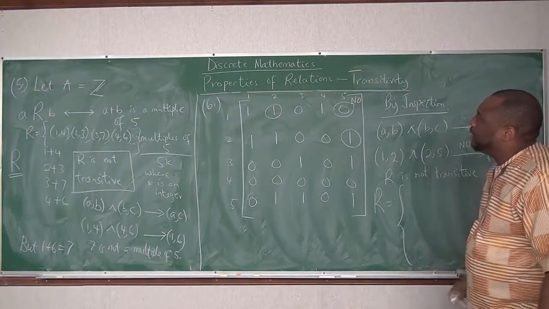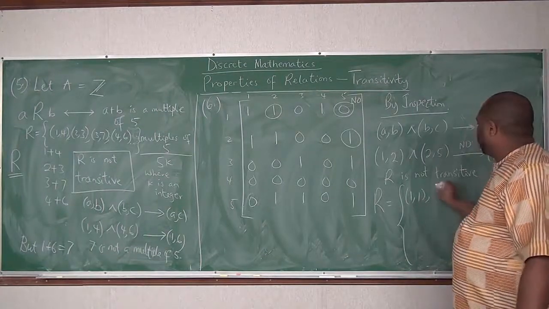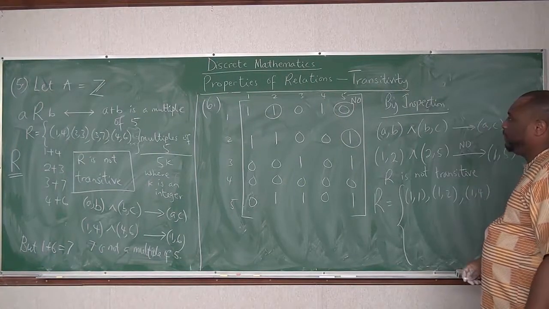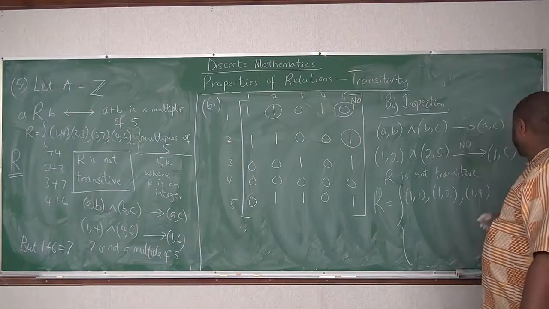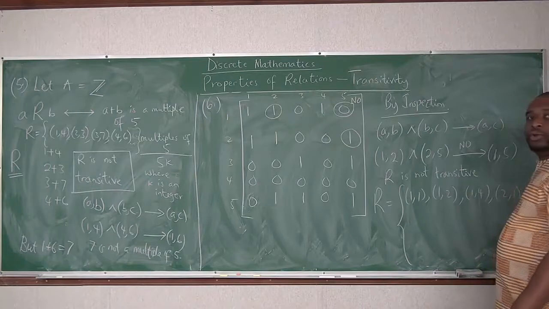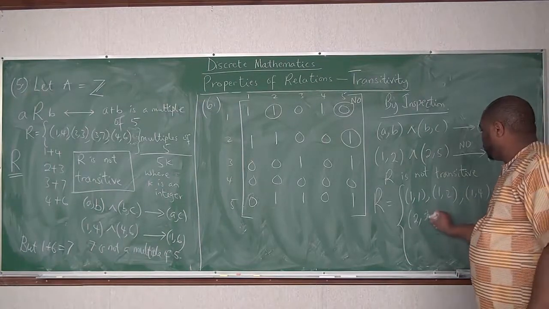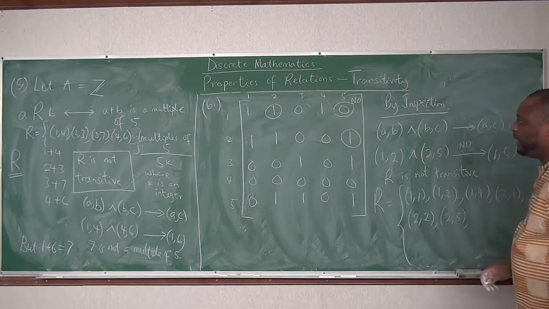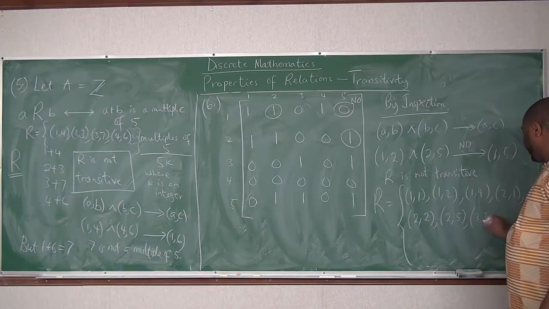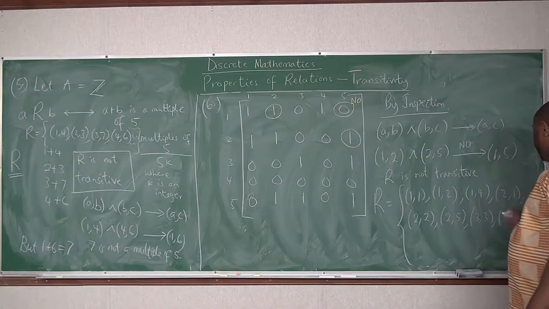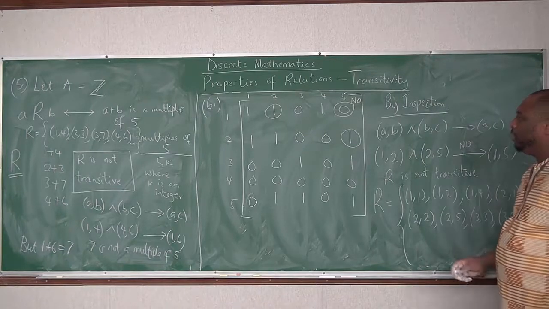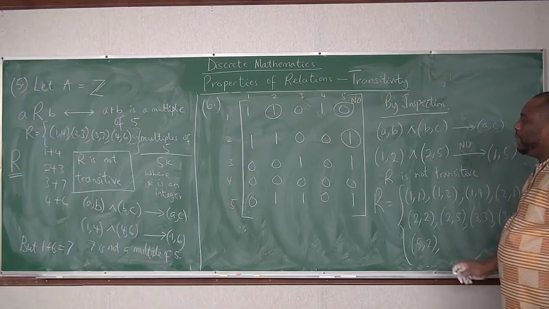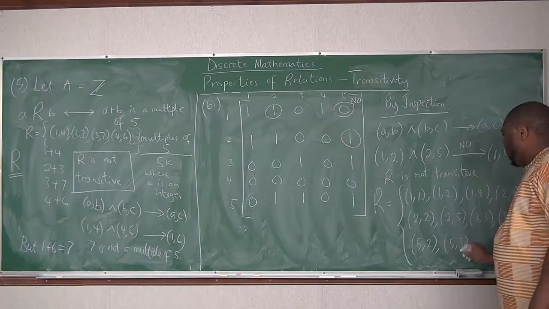So if we put it as a set, (1, 1) is there, we have (1, 2), we have (1, 4), we have (2, 1), we have (2, 2), we have (2, 5), we have (3, 3), we have (3, 5), we have (5, 2), we have (5, 3), and we have (5, 5).